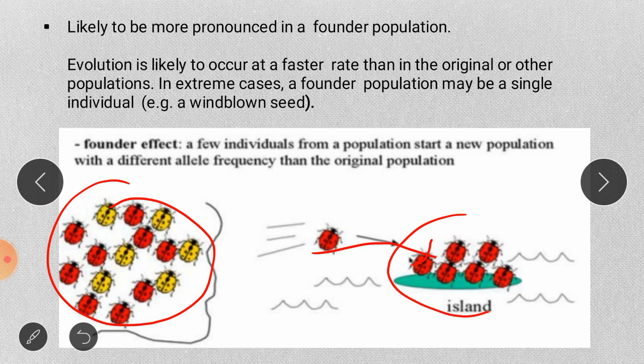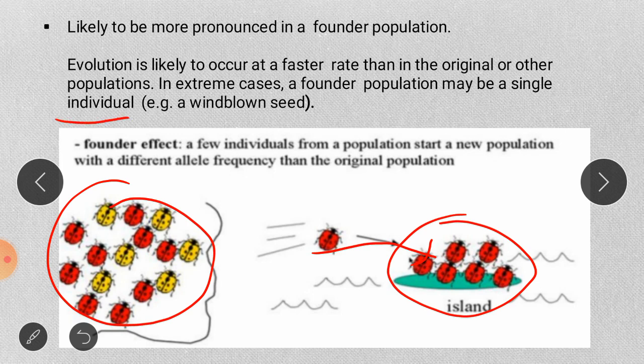So in this new location, we have only the alleles that are present in the red colored beetles compared to the original population. Evolution is likely to occur at a faster rate than in the original population, because we have only one founder population. A founder population may be a single individual, such as a wind blown seed.